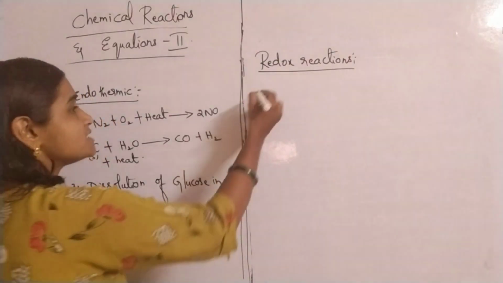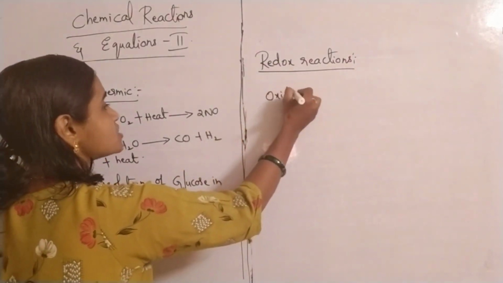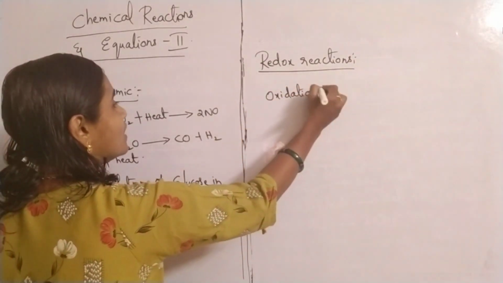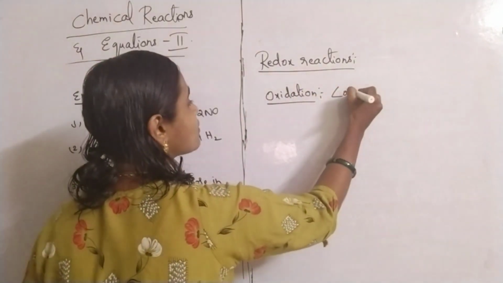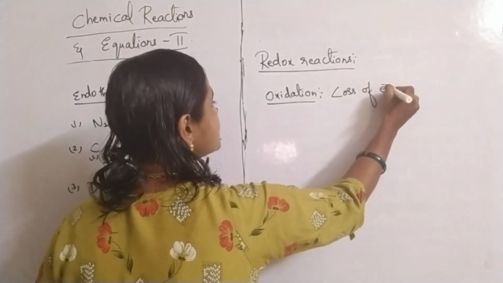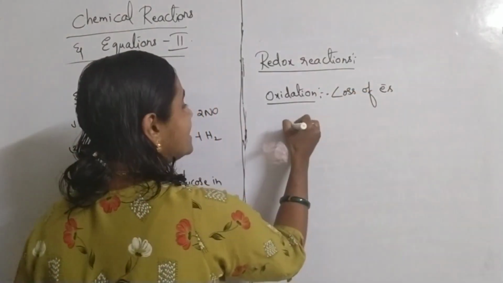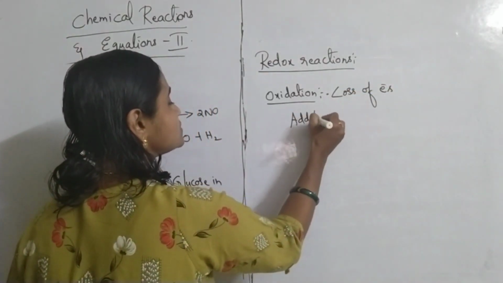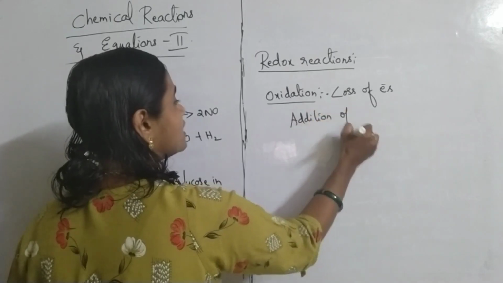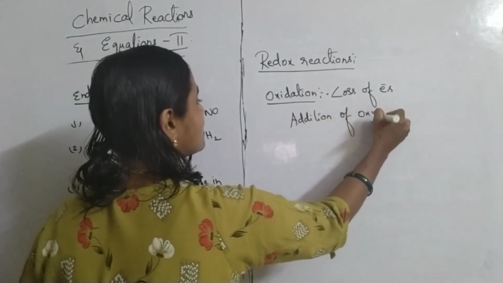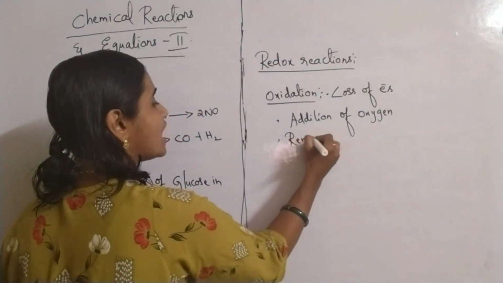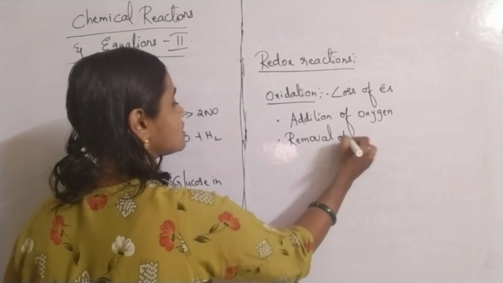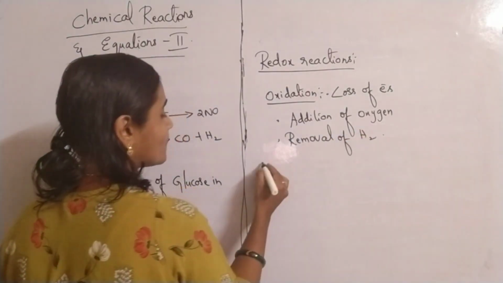So what is oxidation and what is reduction? Oxidation has many definitions, like loss of electrons is oxidation, or addition of oxygen is also an oxidation reaction, and removal of hydrogen is also an oxidation reaction, removal of H2.